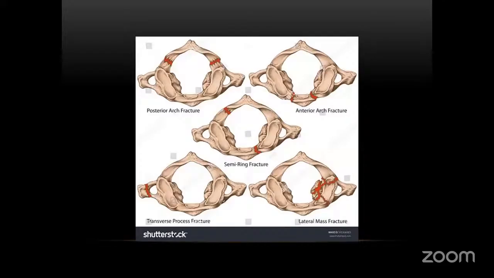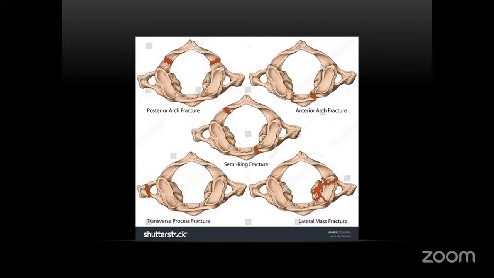So what's this one? Anyone who can interpret and name this one? Because first we will go through that. What is the indication of C1, C2 fusion and what are the areas where we can do it? When we say C1, C2, it means mostly post-traumatic patients we can apply the C1, C2 fusion technique to, but not only trauma patients.